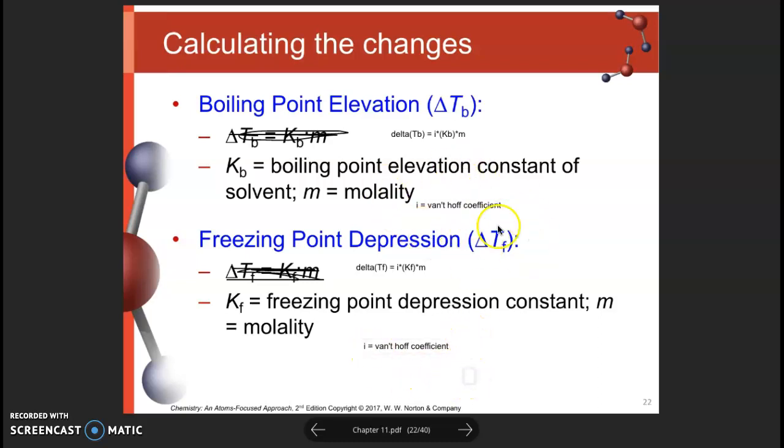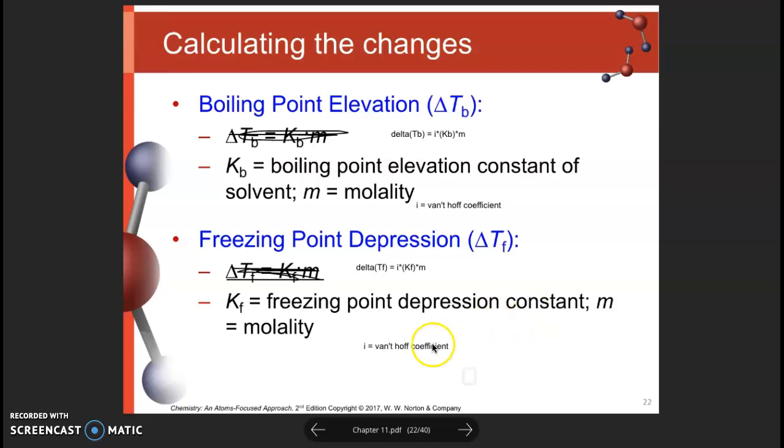Now, we'll see this Van't Hoff coefficient showing up on other occasions as well. And something I want you to also be aware of is that the Van't Hoff coefficient, using the methodology that we just talked about with net ionic equations, is an estimate.